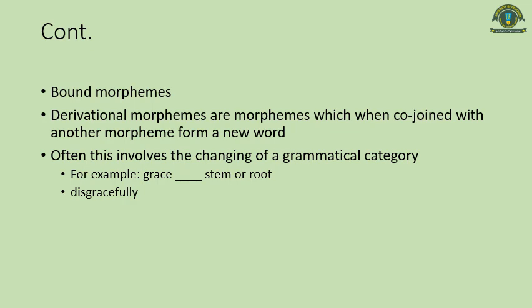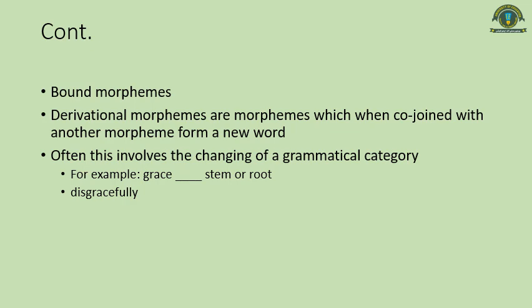We continue with the same word, disgraceful. Without dis, we have graceful, an adjective, and when we do disgraceful, it's again an adjective. And I told you before, if you add a derivational morpheme, usually it has a new grammatical category.